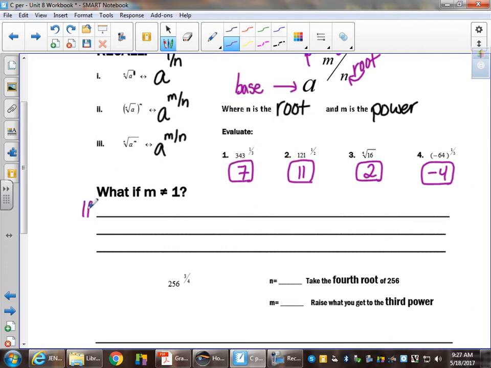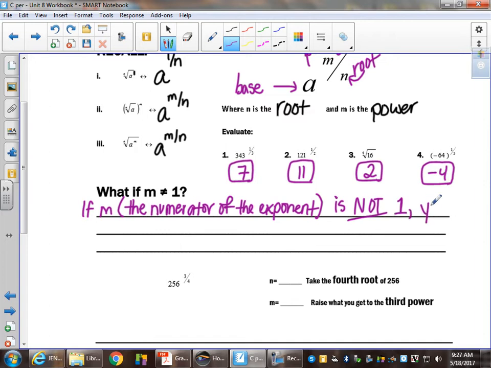If m, which is the numerator of the exponent, or the top, is not 1, you must first take the root.